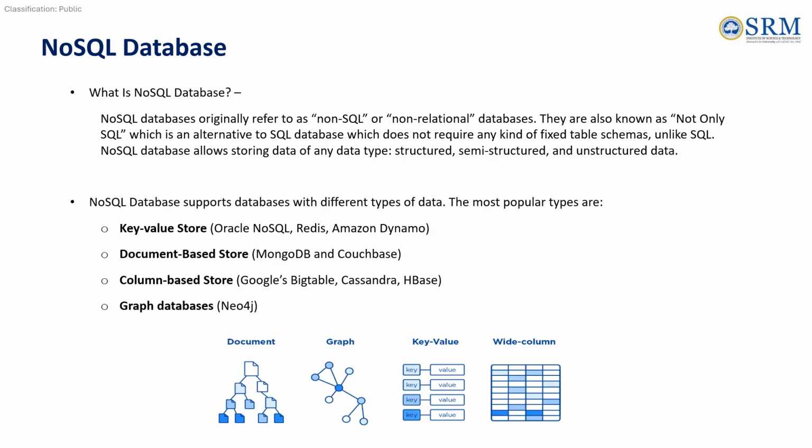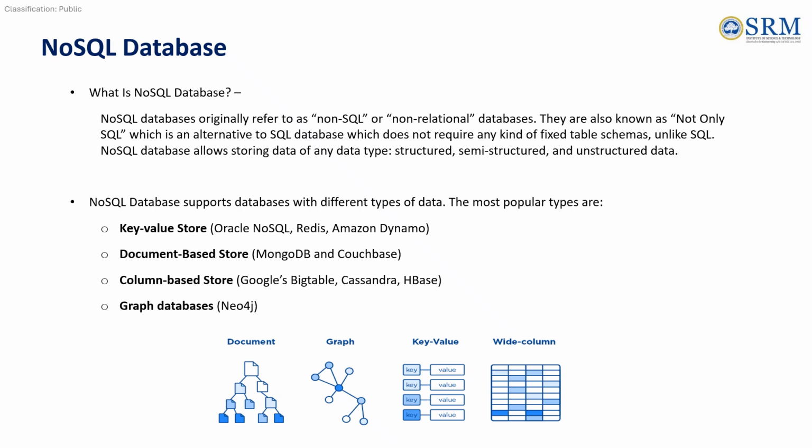Now let us move to NoSQL database. NoSQL databases are also called non-relational databases or not only SQL databases. Unlike traditional SQL databases, NoSQL databases do not require a fixed table schema. This means they can store different types of data more flexibly, including structured, semi-structured, and unstructured data.